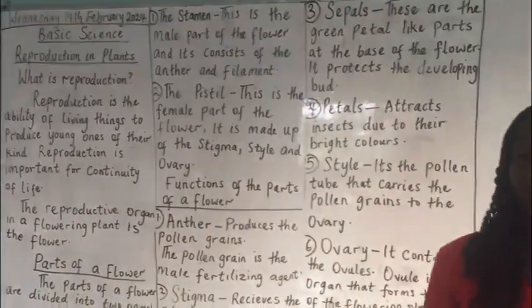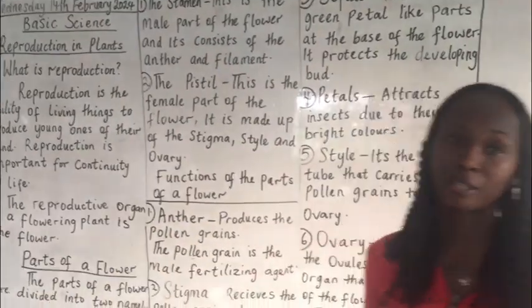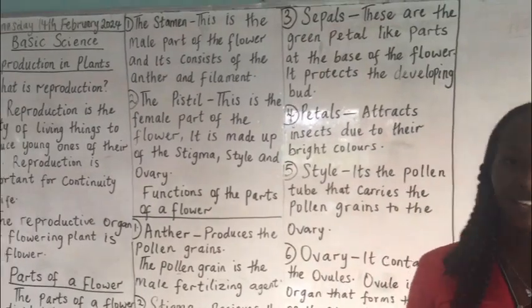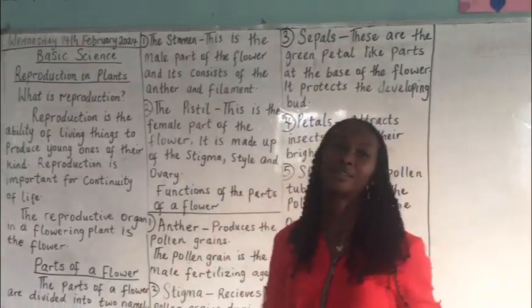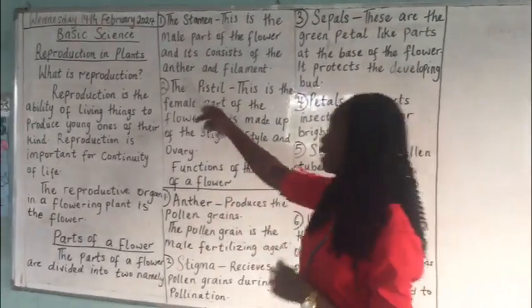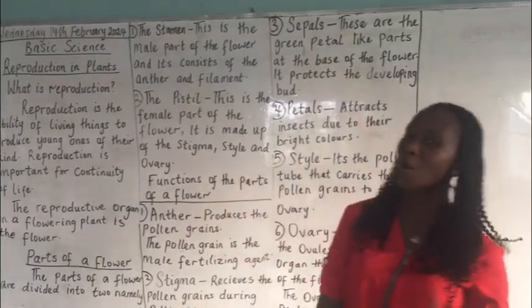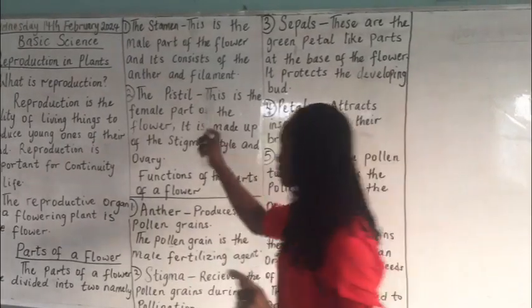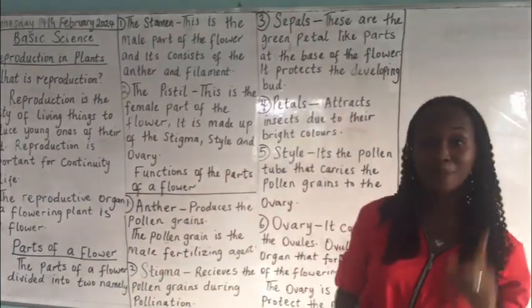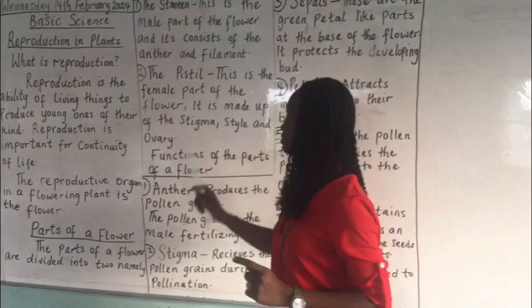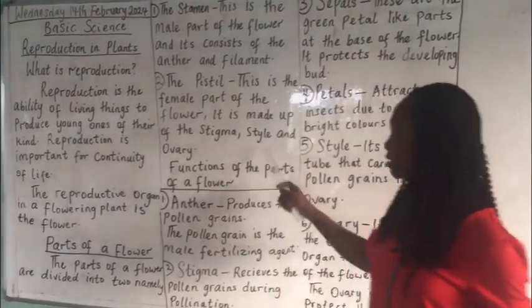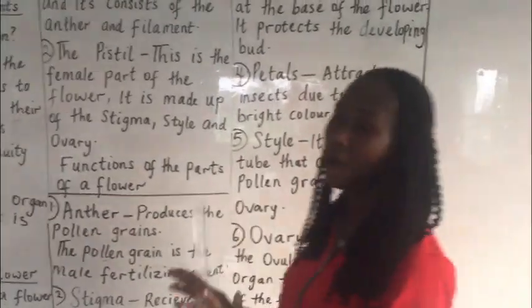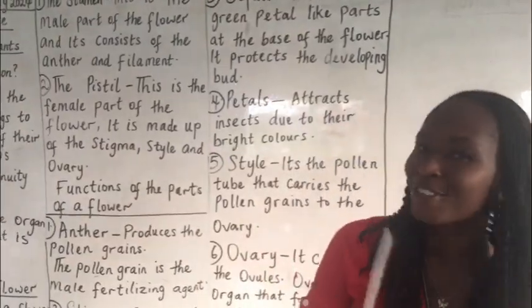We have two main parts, the male part and the female part. The male part of a flower is the stamen, which consists of the anther and the filament. The female part of the flower is the pistil, which has three parts: the stigma, the style, and the ovary. All these are the parts of a flowering plant.